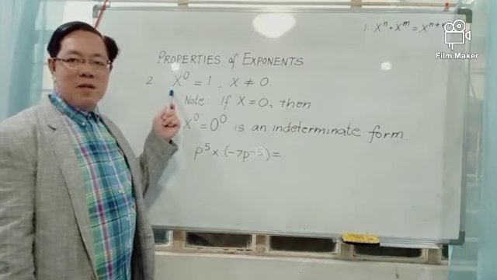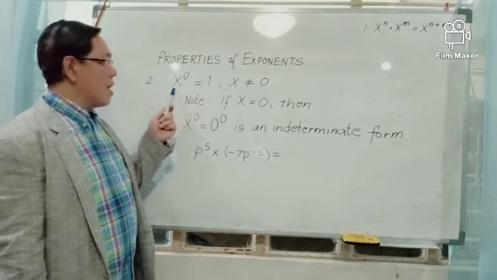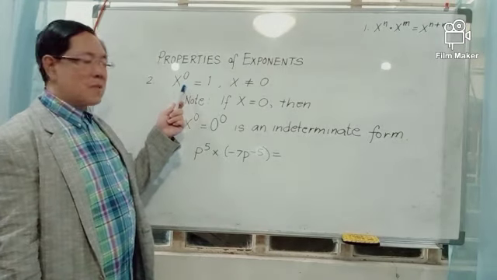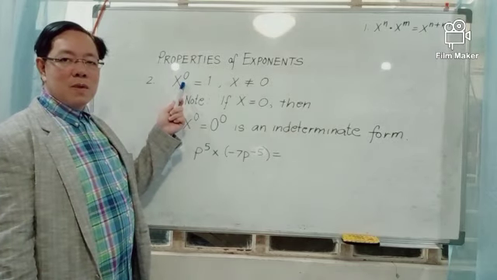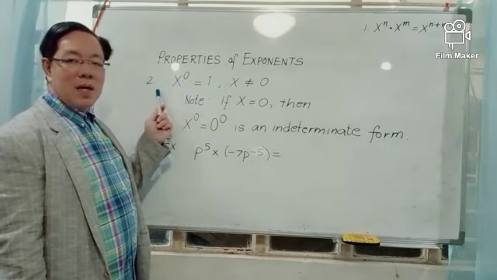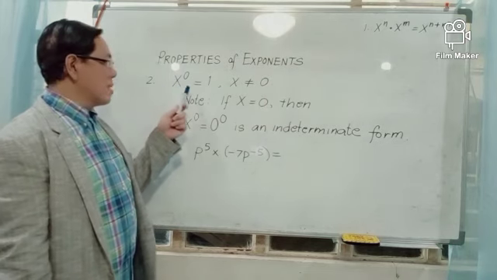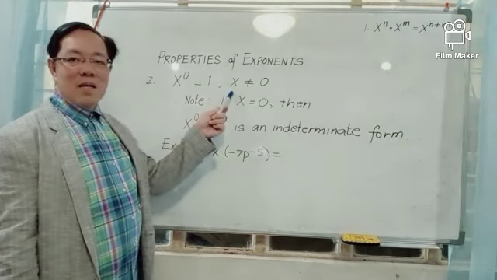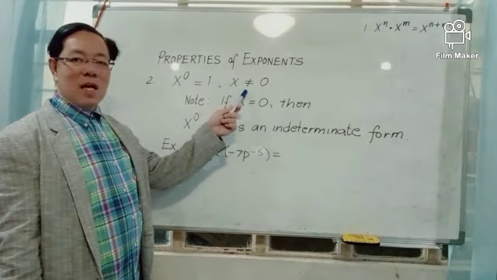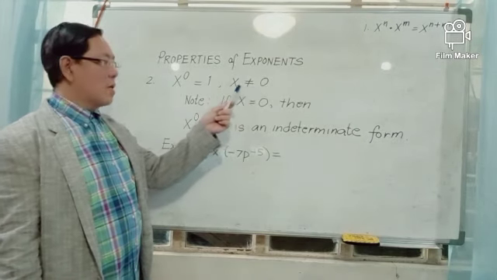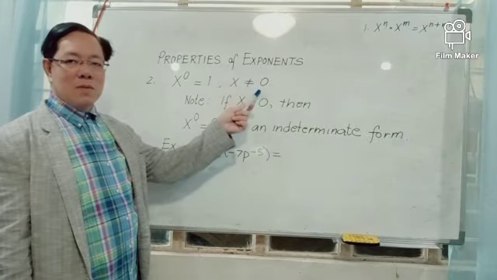The second property of exponent says that x to the power 0, x is the base, the exponent of x is 0, and x to the 0 by this second property is equal to 1. But there is a condition that says the base x must not be equal to 0. X is not equal to 0.